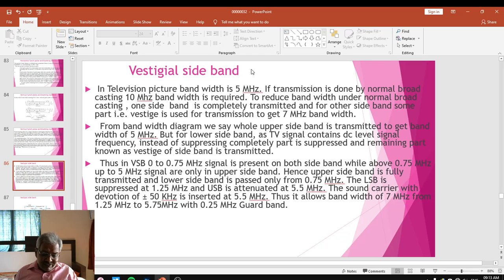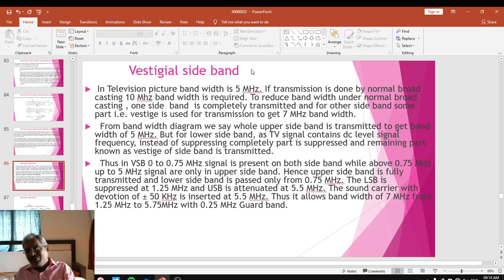Friends, as we are aware, the television signal contains the audio signal as well as the video signal, along with sync and blanking pulses, which are expected to be communicated from transmitter to the receiver within the same bandwidth. And if DSB is used, 10 MHz bandwidth is required for the communication.